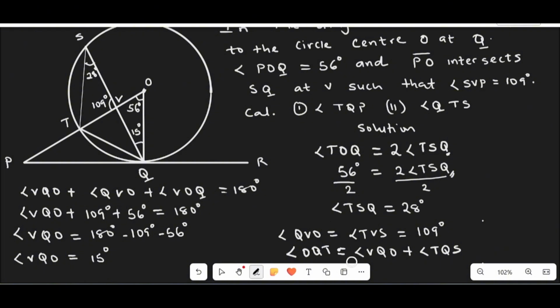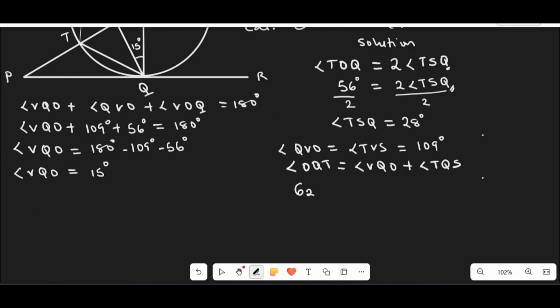So let us substitute the values into this equation. 62 degrees equal to 15 degrees plus angle TQS. So transpose this angle to the left hand side. 62 degrees minus 15 degrees equal to angle TQS.